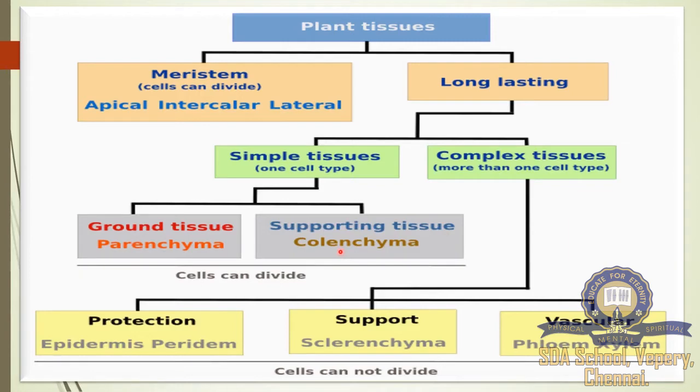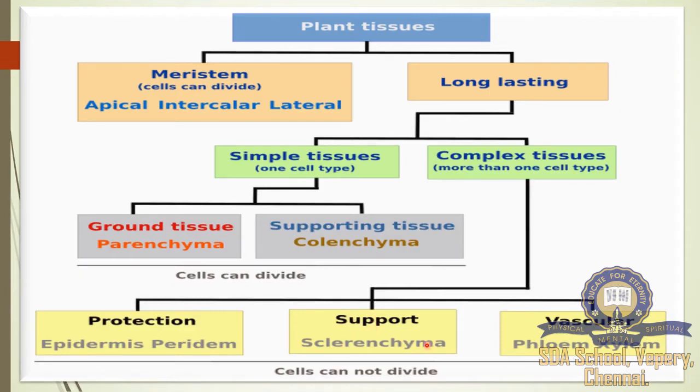Obviously we know this ground tissue mainly helps to uphold the plant, and the supporting tissue also helps the growth of the plant. In this supporting tissue we have collenchyma cells. Next, complex. Complex means more than one cell type. This complex tissue gives support: sclerenchyma.